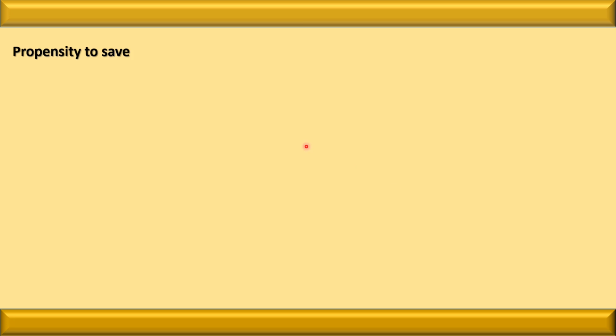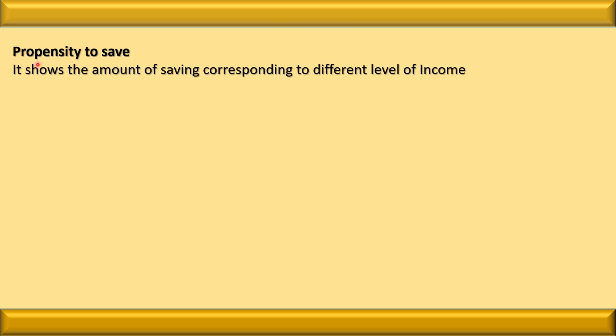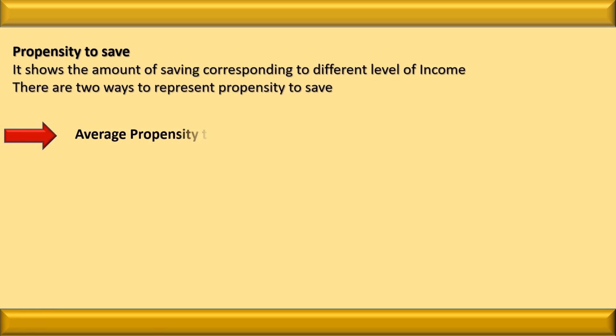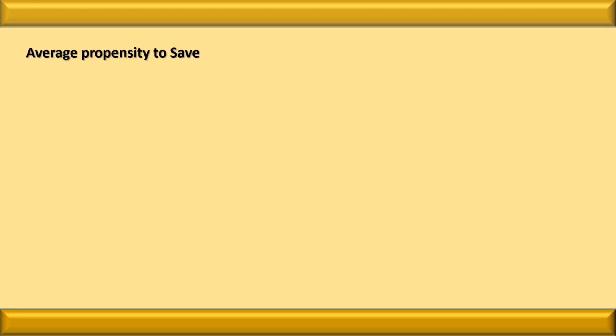Let us see what is propensity to save. It shows the amount of saving corresponding to different levels of income. We know that there are two ways of representing propensity to save. The first one is average propensity to save and the second one is marginal propensity to save. Let us discuss these points one by one. Let us start with the average propensity to save.